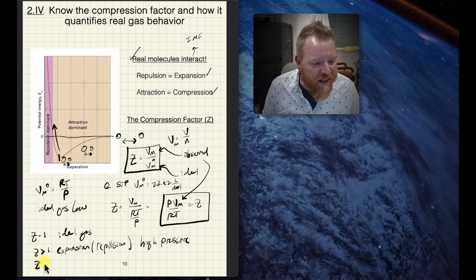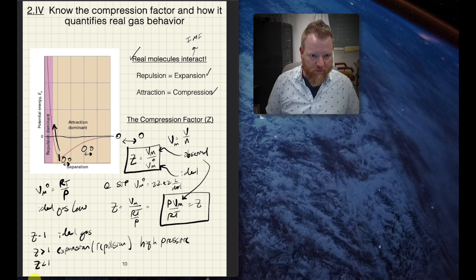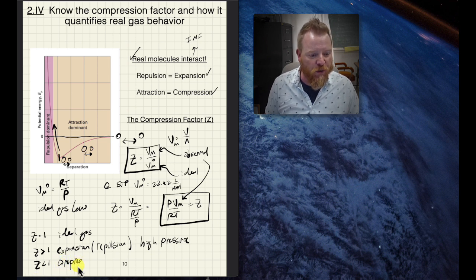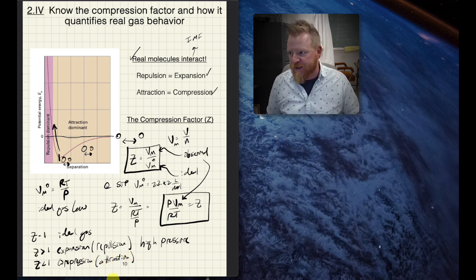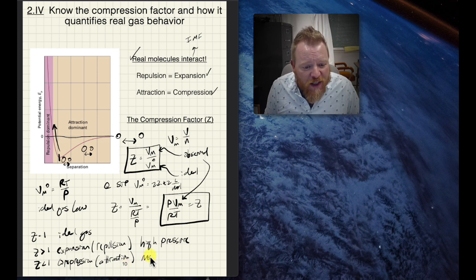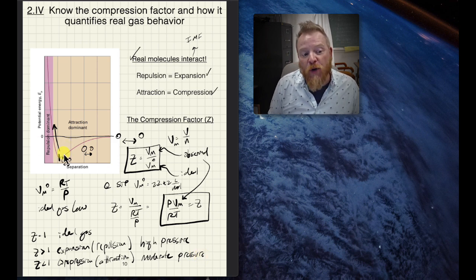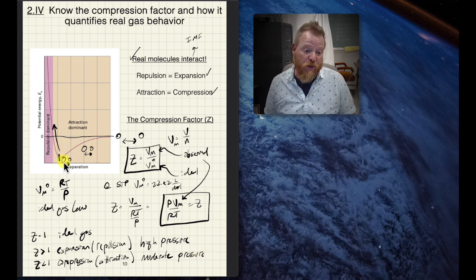We could have Z less than 1. And of course, as we might guess, that would correspond to compression from attractive intermolecular forces. And this actually occurs at what I'll call a moderate pressure. So that moderate pressure being somewhere down here in this sweet spot.